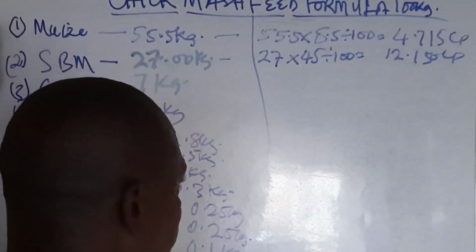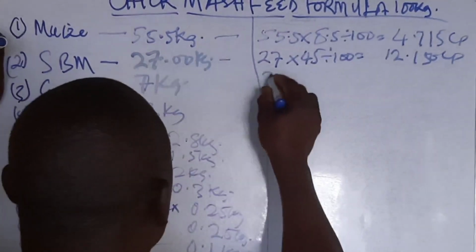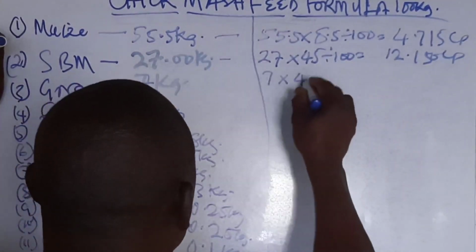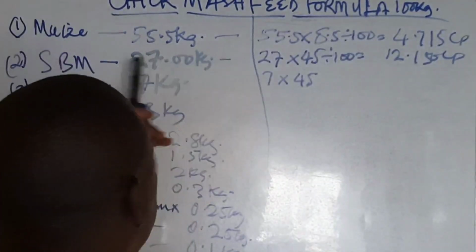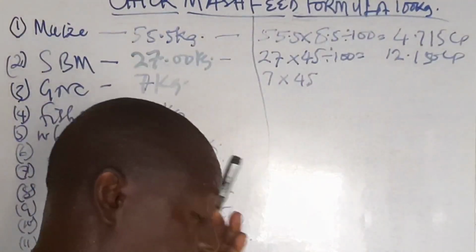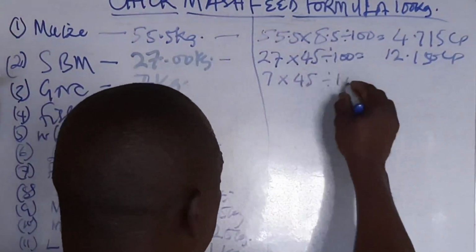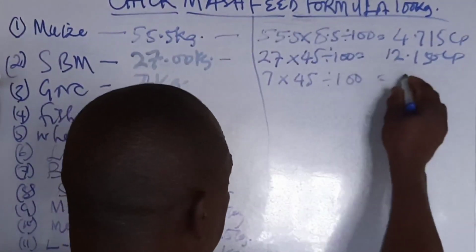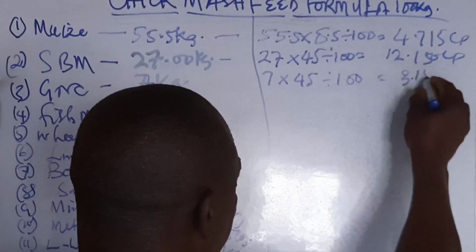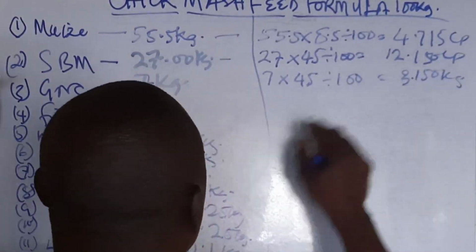GNC is always 45 also. This is 7 kg here. 7 times 45. For GNC, it can be between 44 to 45 crude protein. You can use any of those ranges. 45 divided by 100, which will give us 3.150 CP.